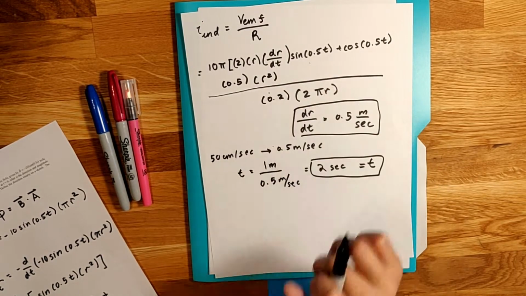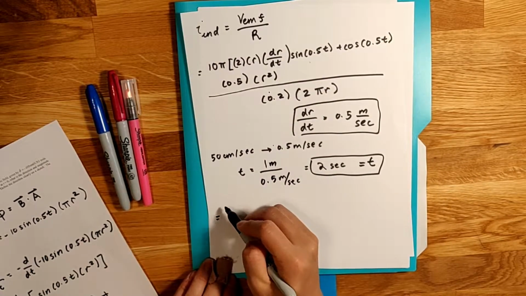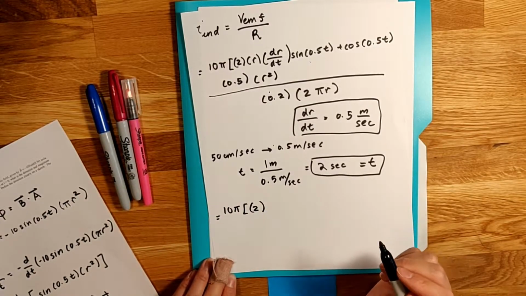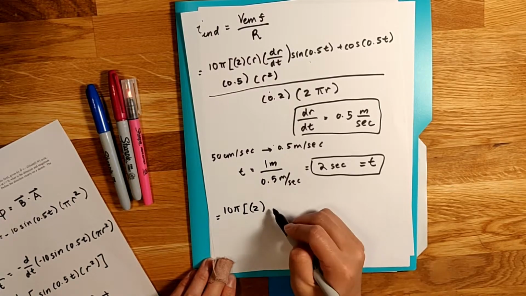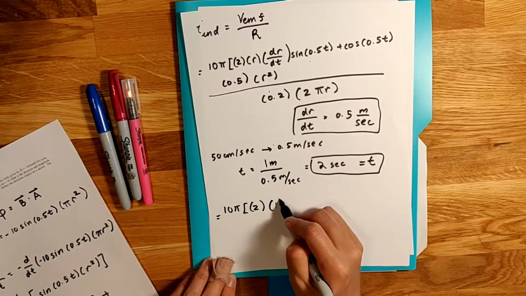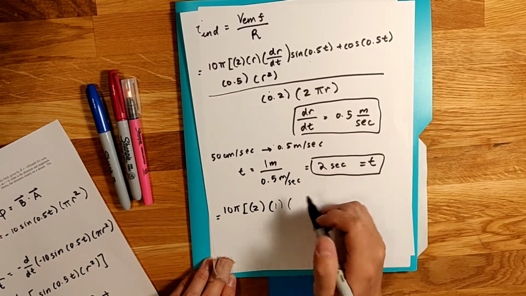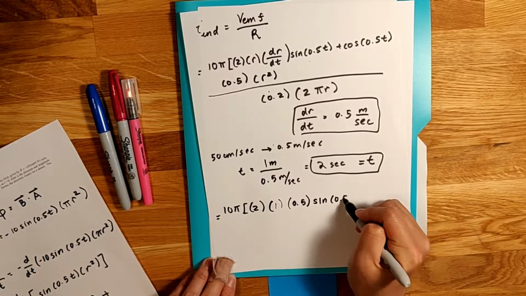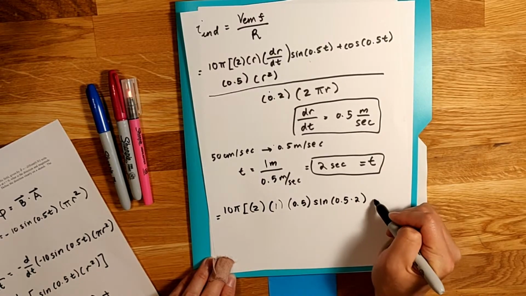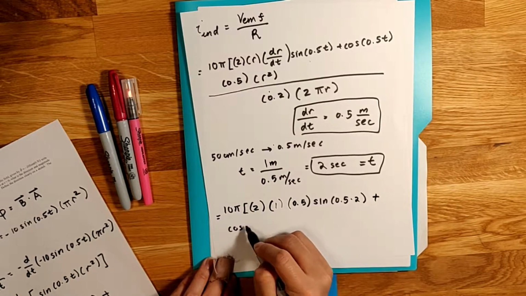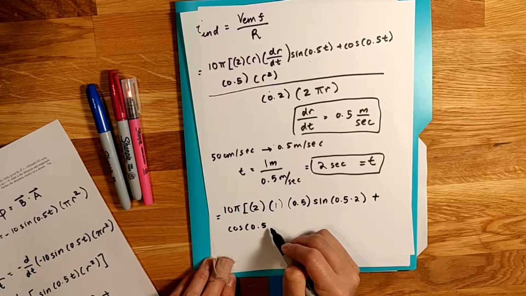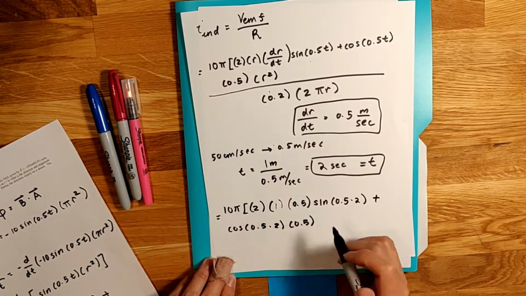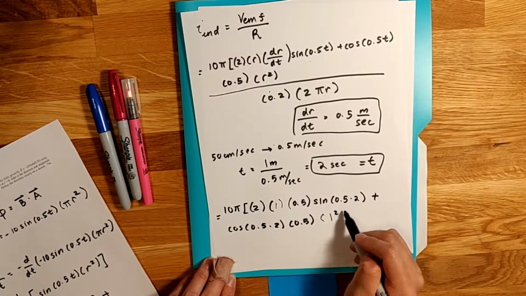So, plugging these into our I induced formula, we will get 10 pi times 2 times the radius, which is just simply going to be 1, times dr/dt, which is 0.5, sine of 0.5 times 2, plus cosine of 0.5 times 2 times 0.5 times the radius, which is simply going to be 1 squared.